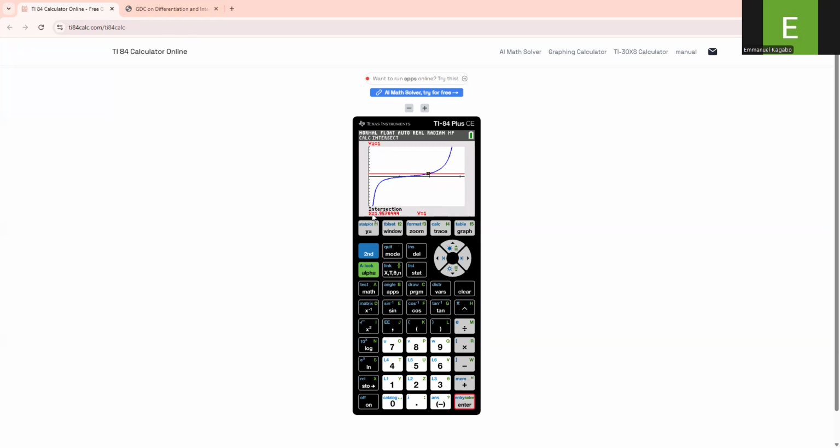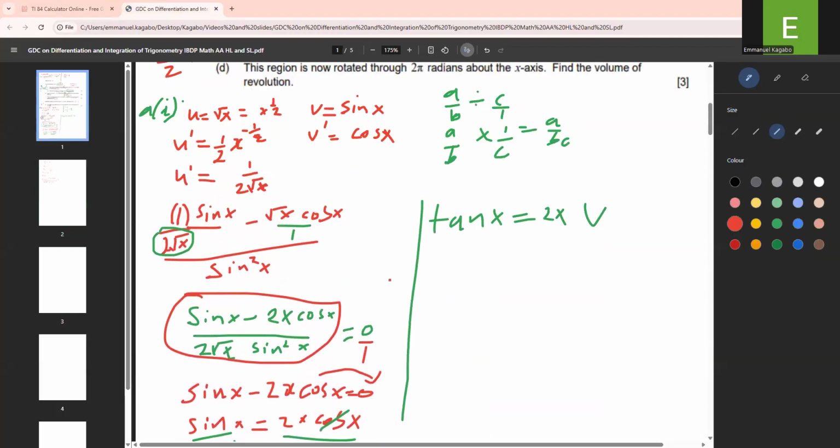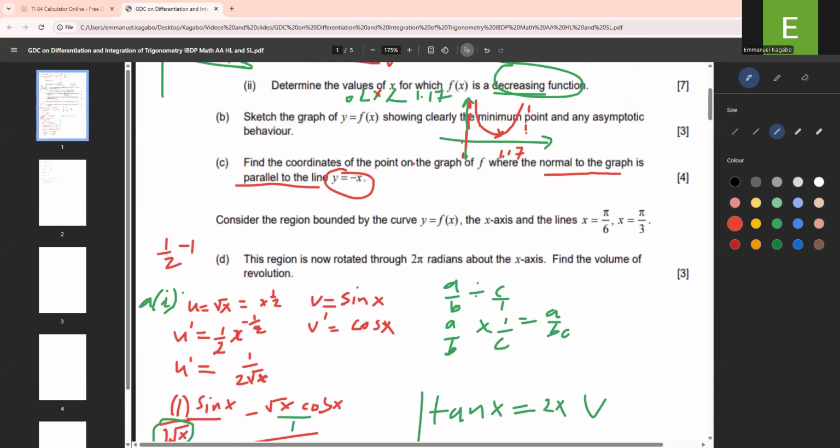To 3 significant figures, it gives me 1.96. But the question says find the coordinates of the point on the graph of f.